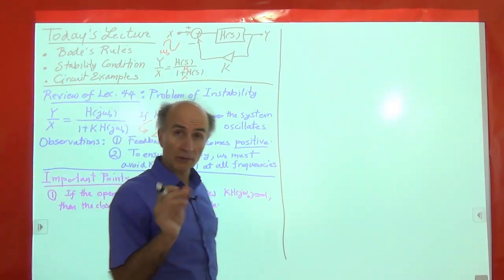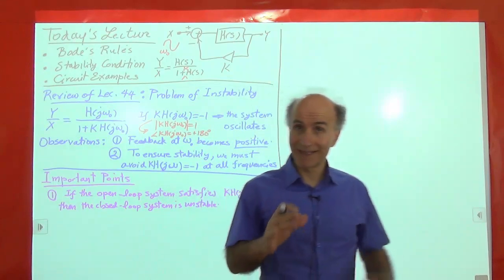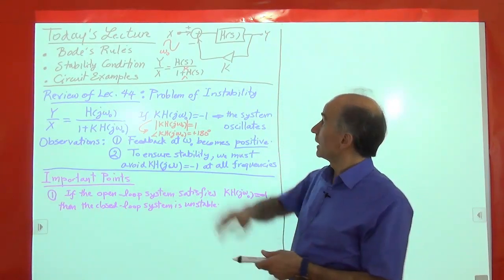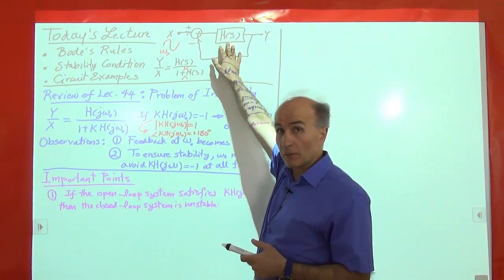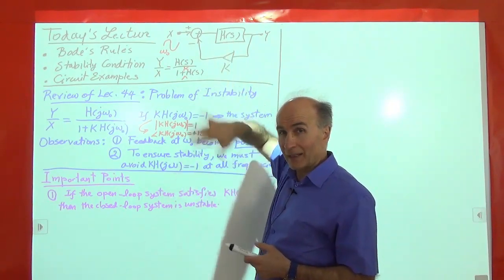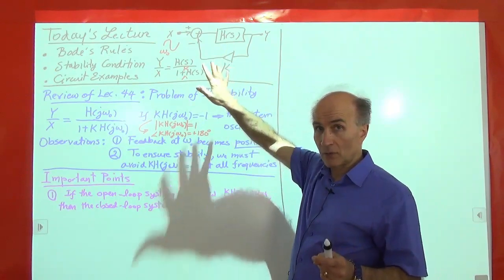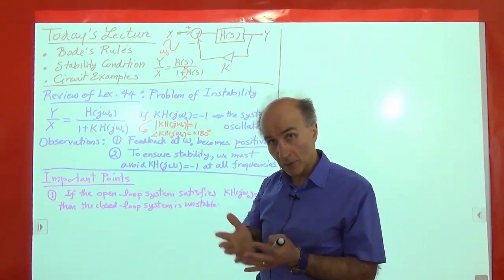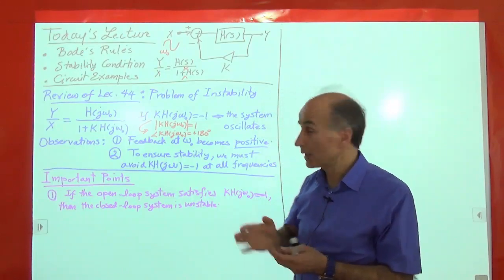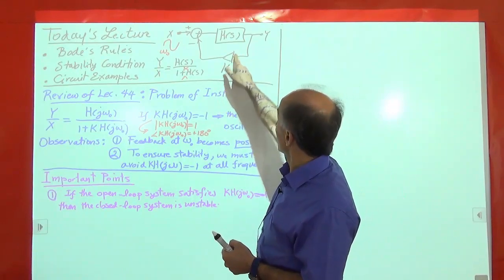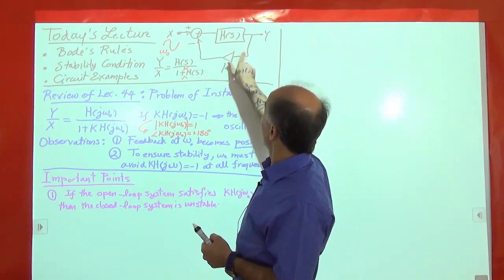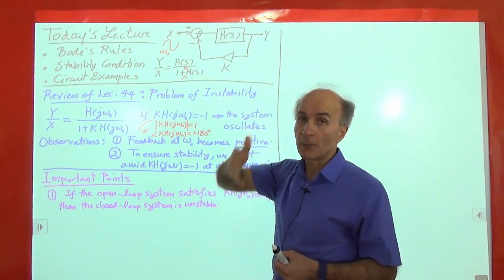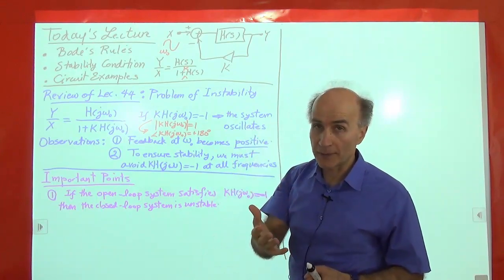So it's important not to confuse these two. When we say k times H, k is the feedback factor, and H is the transfer function of the feed-forward amplifier, right? So k times H doesn't relate to the closed loop system yet. You can consider it as the loop gain, as we talked about last time, or loop transmission. So we can say that, yes, I broke the loop here, I ran around the loop, and I found k times H. Okay, so k times H is a property of the open loop system.